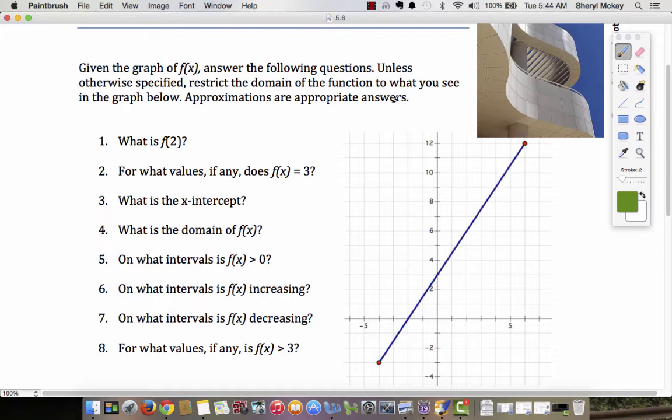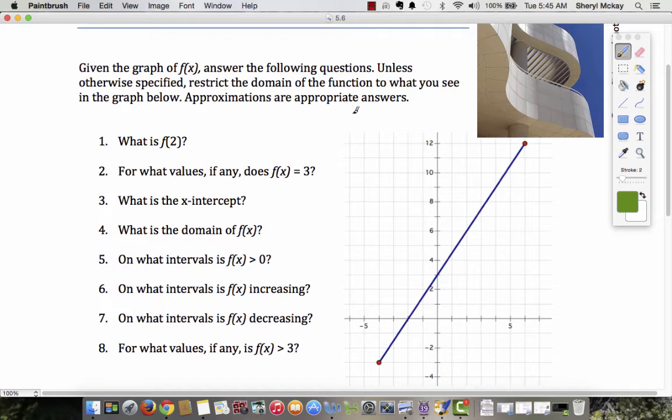Approximations are appropriate answers. So here we have a graph, and we've got a starting point, and we've got an ending point. And I'm going to say that the red dot is included. It's not open, it's actually included, so it's a filled in circle.